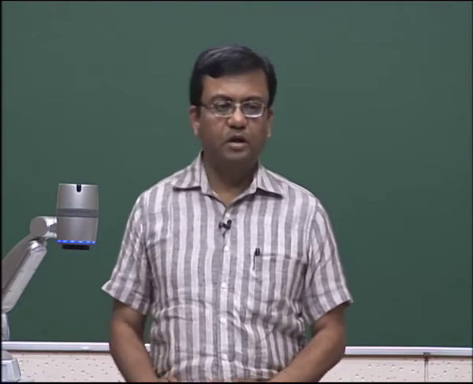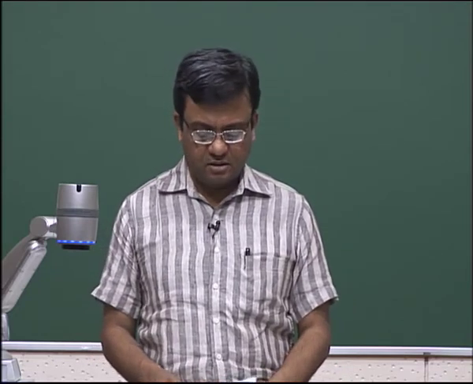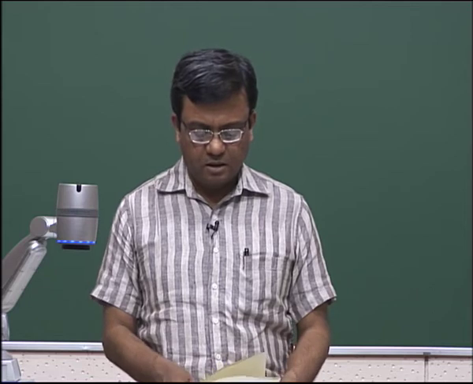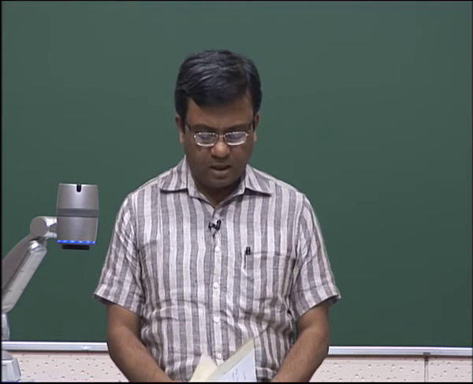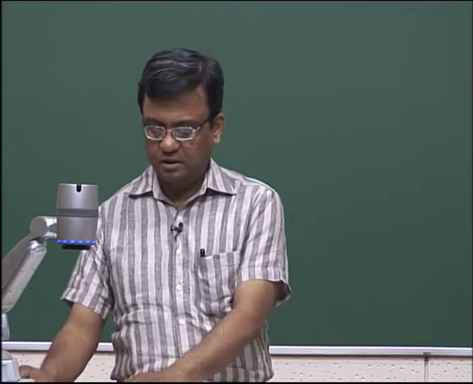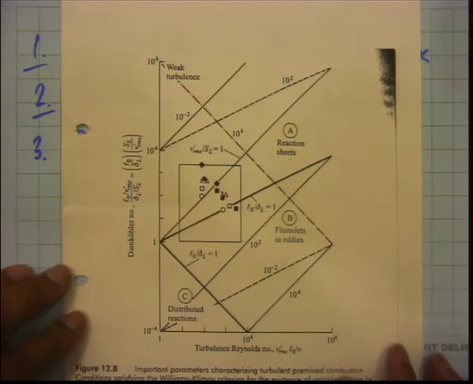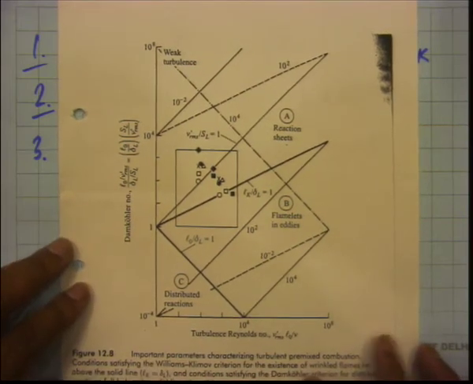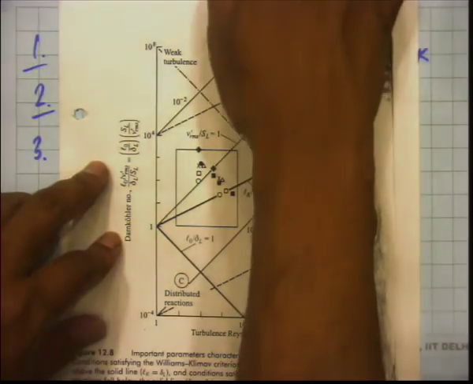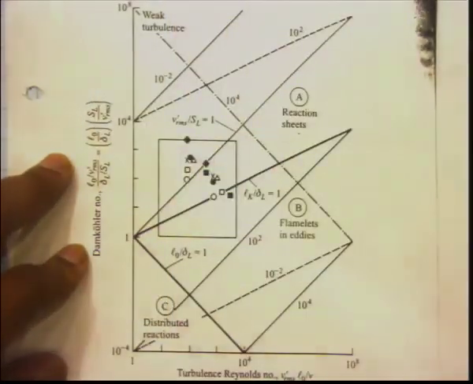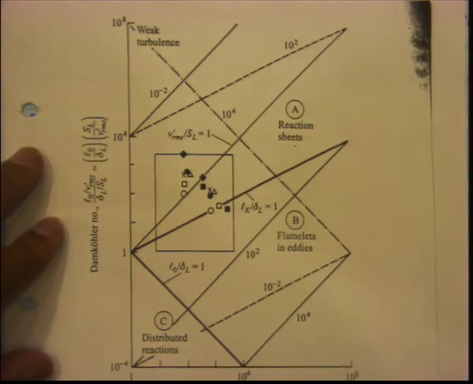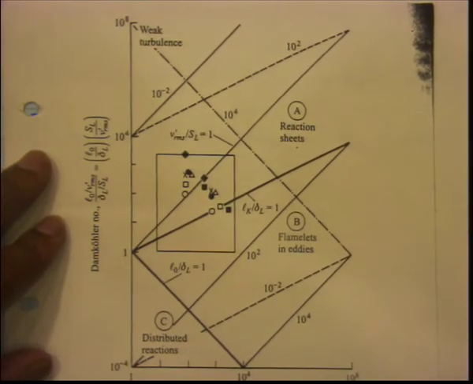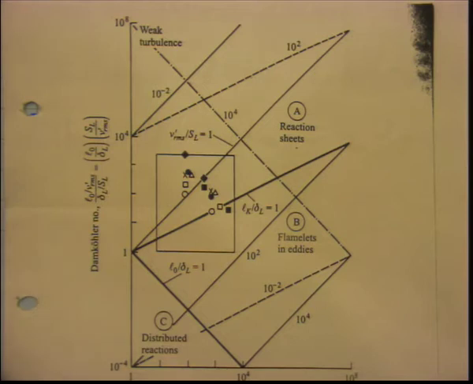Now, today our purpose will be to try and understand something about these regimes. We will do that by looking at a plot. This is a regime diagram. In case you are not able to read it, the x axis is the turbulence Reynolds number.